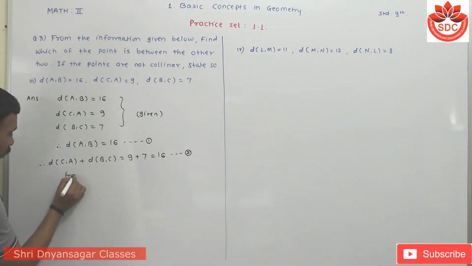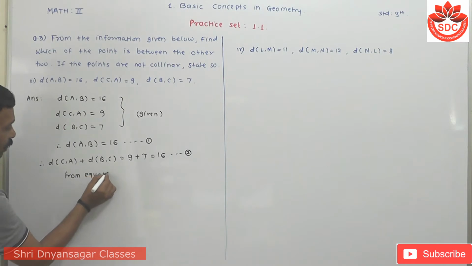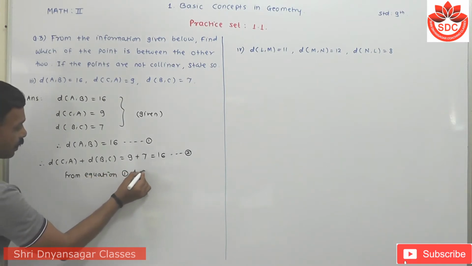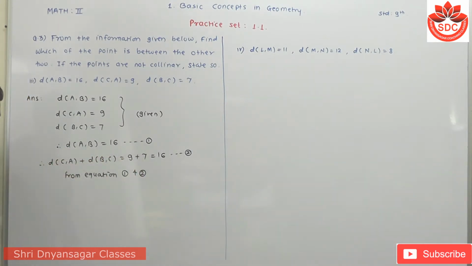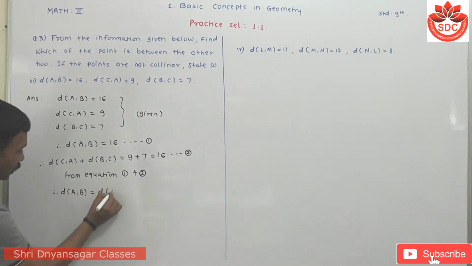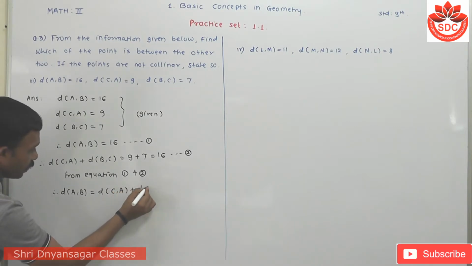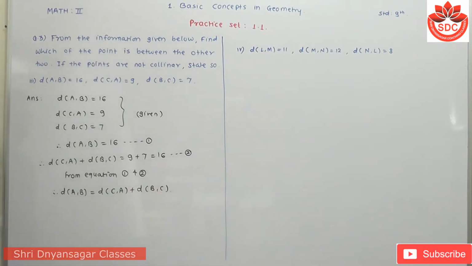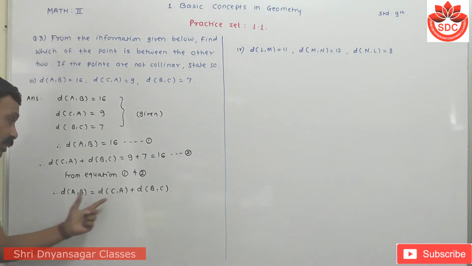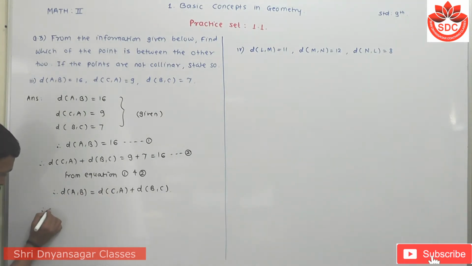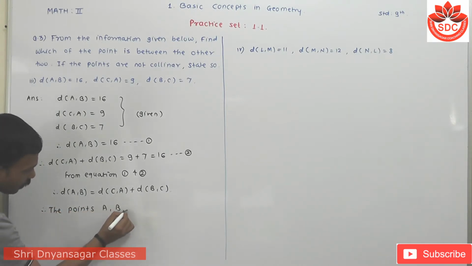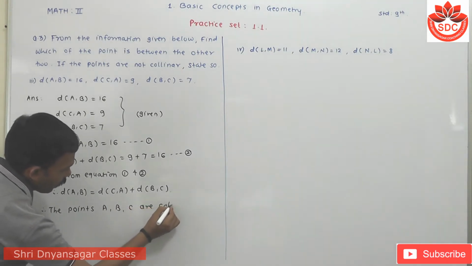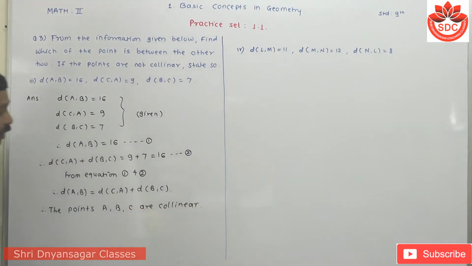Then from equations first and second, we observe that 16 is equal to 16. This means the distance of AB equals the distance of CA plus the distance of BC. If these distances are equal, then the points A, B, C are collinear points.